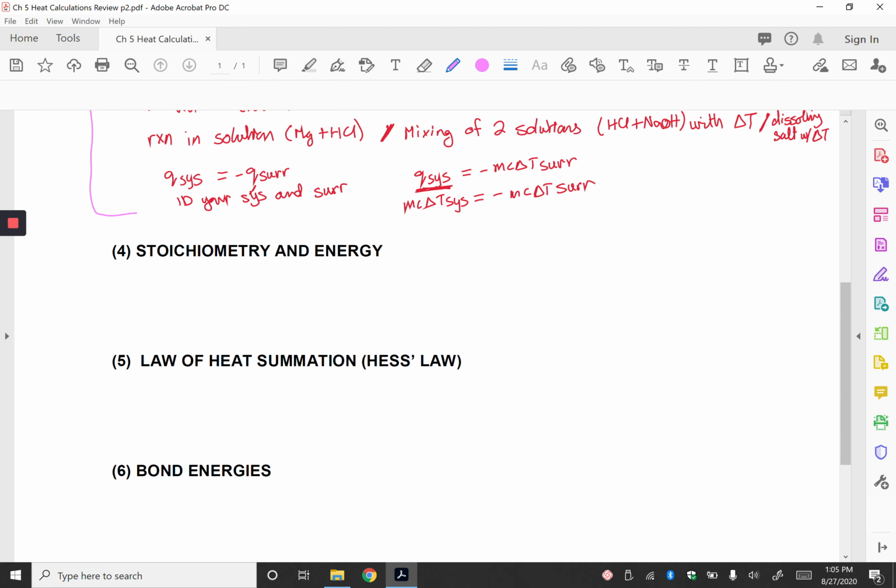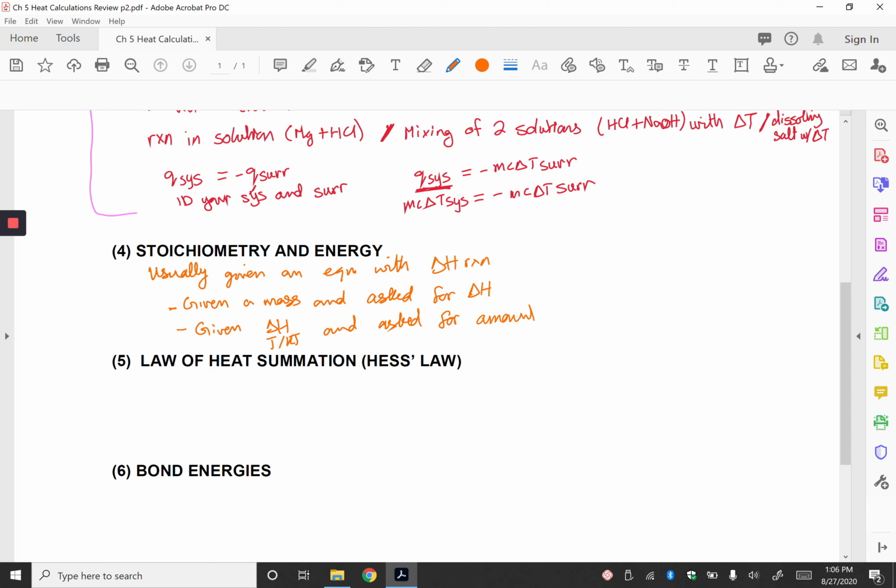Okay, let's move on to stoichiometry. So for stoichiometry, usually you're given an equation with its delta H of reaction, and you're usually either given a certain mass and asked for the delta H for that certain mass, or you're given a certain amount of joules or kilojoules and asked for the amount of the substance that you need to use.